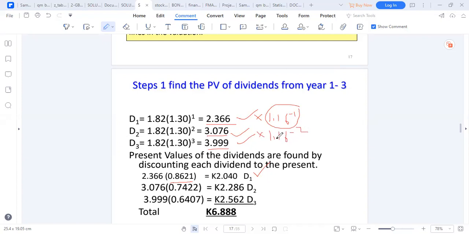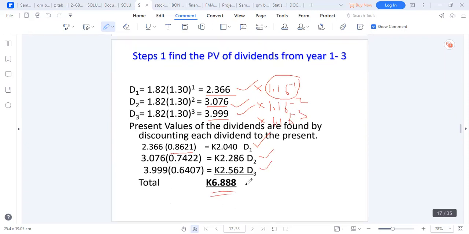And check this in the present value factor to give you 0.743. Multiply by that one. This will give you 2.286. Same, 1.16 to the power -3. And discount this one, it will give you 2.562. Then when you add all these, you get our value of stock for phase 1. Are you following me closely?